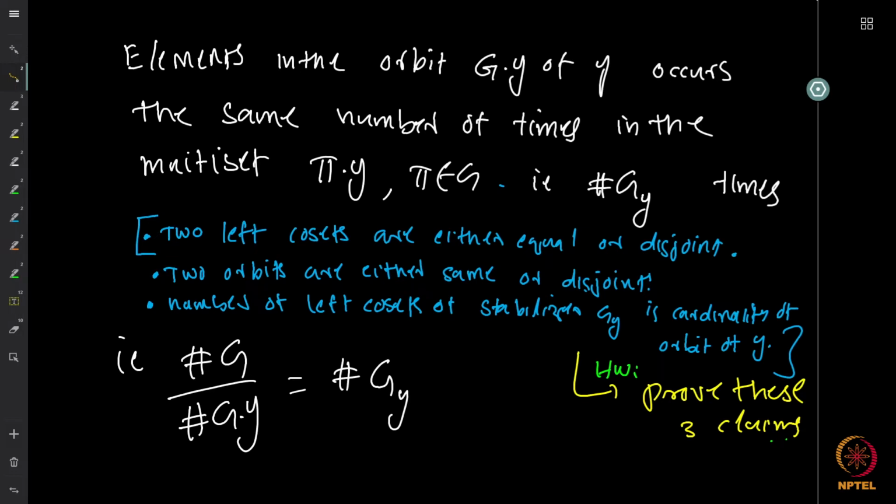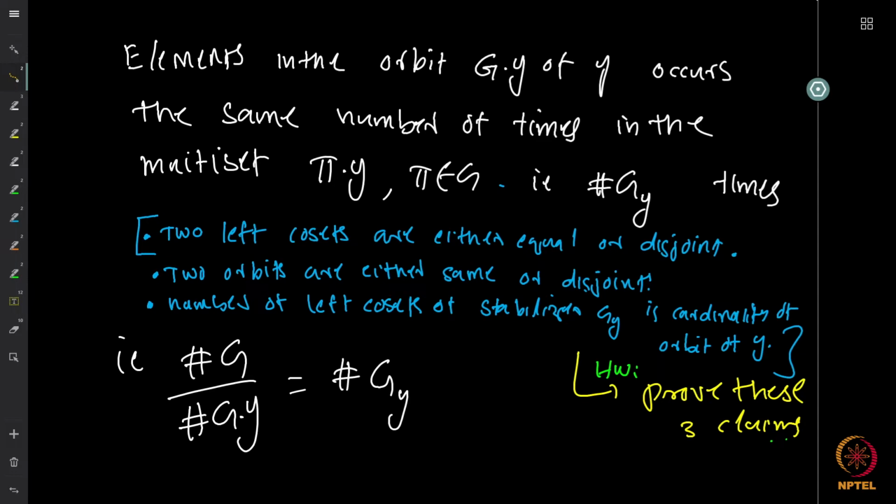Now, if you prove these three, it will be immediately clear that the elements in the orbit occur exactly cardinality of G_y times. So this will give you the identity that the cardinality of G_y is equal to the number of elements in G divided by the number of elements in the orbit of y. Okay.